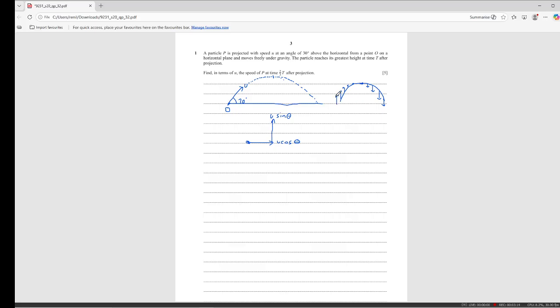So when you first threw it, it had the most upward speed, then it slows, and then it moves even faster downward.